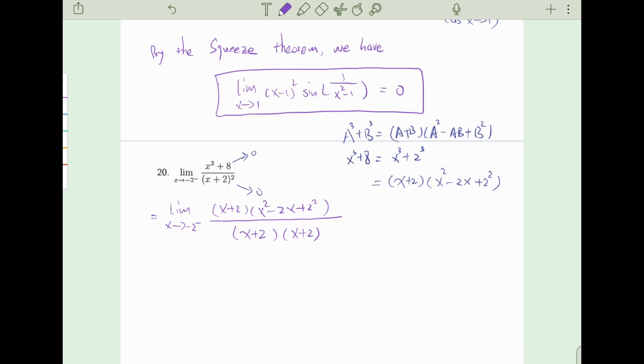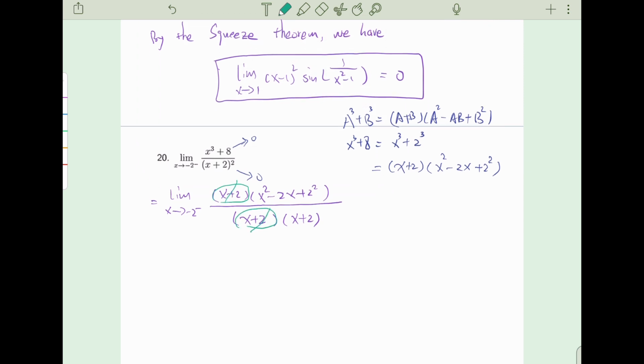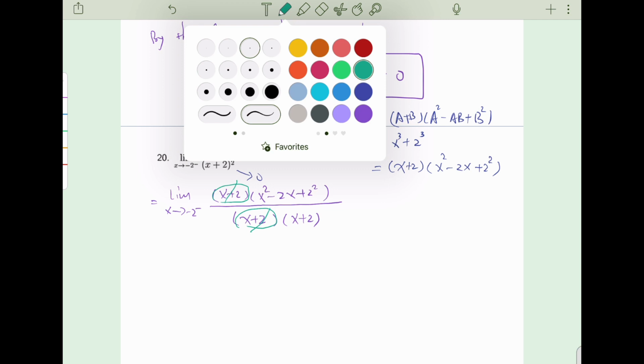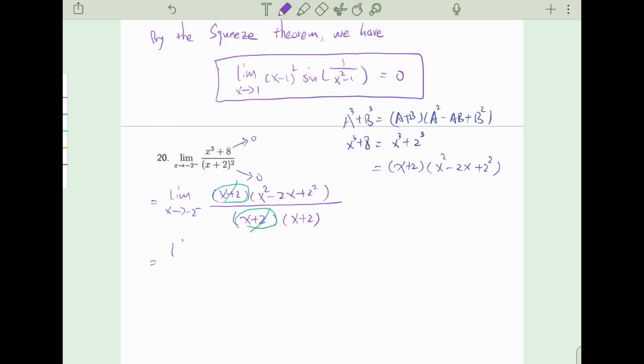And now cancel the zero factor. And now I have this left: the limit as x goes to negative 2 of x squared minus 2x plus 2 squared divided by x plus 2.